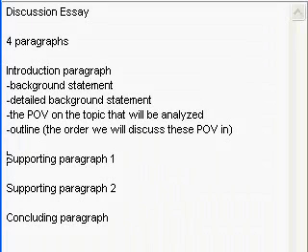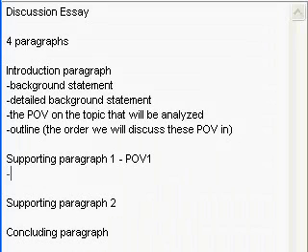Okay? Now, if we come down to supporting paragraph 1, supporting paragraph 1 is basically talking about point of view number 1. So the first sentence just gives a statement of point of view 1.